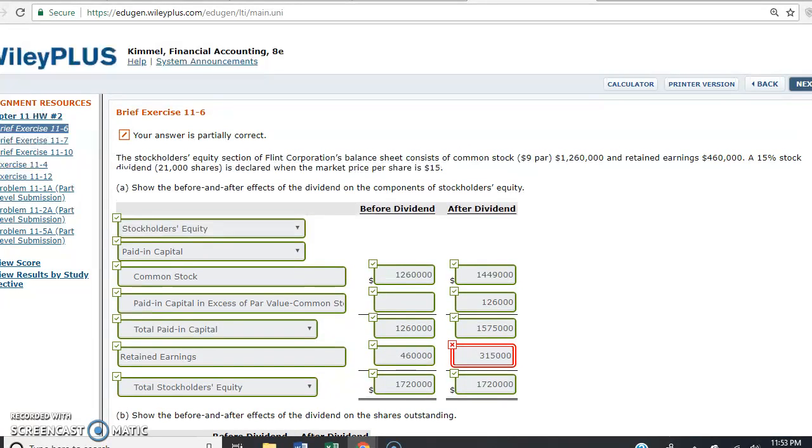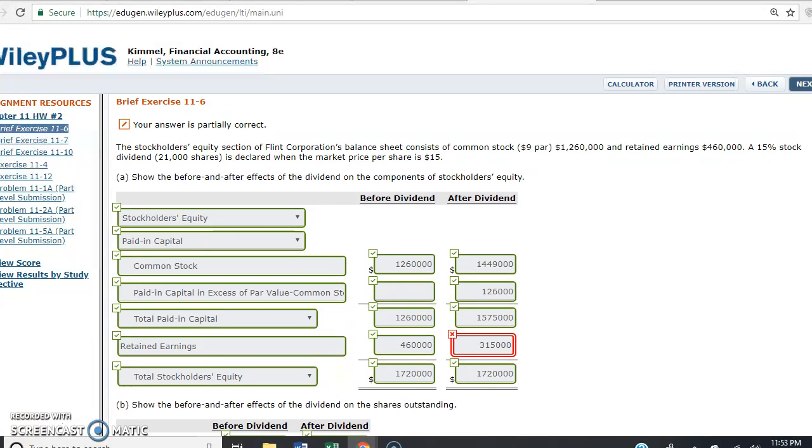So we're going to be filling out the stockholders' equity section of the balance sheet. We'll start out with our account titles over here. Stockholders' equity, paid in capital. The first account is going to be common stock, which is given to us over here: $1,260,000. So we'll just fill that in. I just went down the line here.